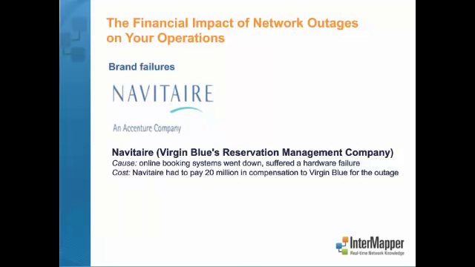Their online booking system went down, so they actually suffered a server hardware failure, and the cost, $20 million in compensation back to Virgin Blue. So they had to cough up $20 million because their server went down and they didn't have anything in place to mitigate that risk, or they didn't have any monitoring solution that could preemptively tell them if they are approaching some kind of server failure. Again, very big compensation there.